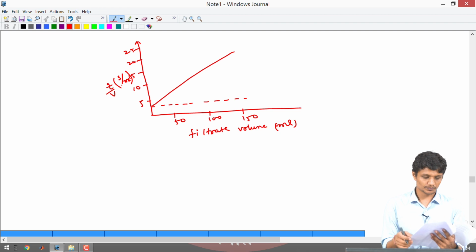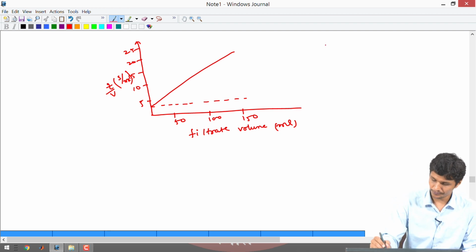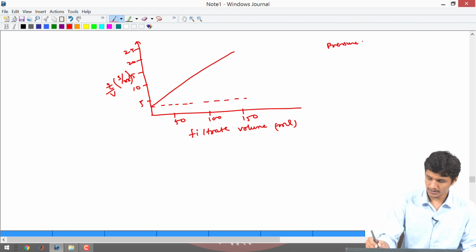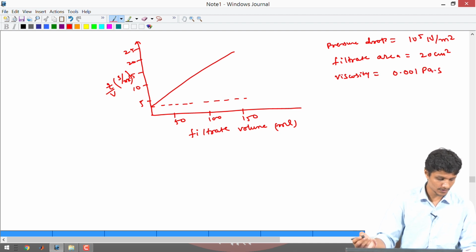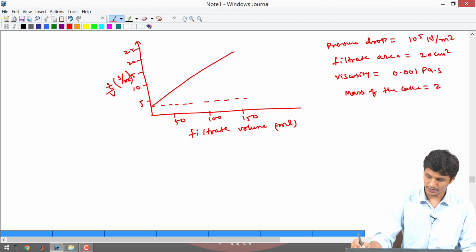In this question, the given data are: pressure drop is 10 power 5 Newton per meter square, filtrate area equal to 20 cm square, viscosity 0.001 Pascal second, mass of the cake 24.3 gram, volume of the filtrate equal to 154 cm cube.